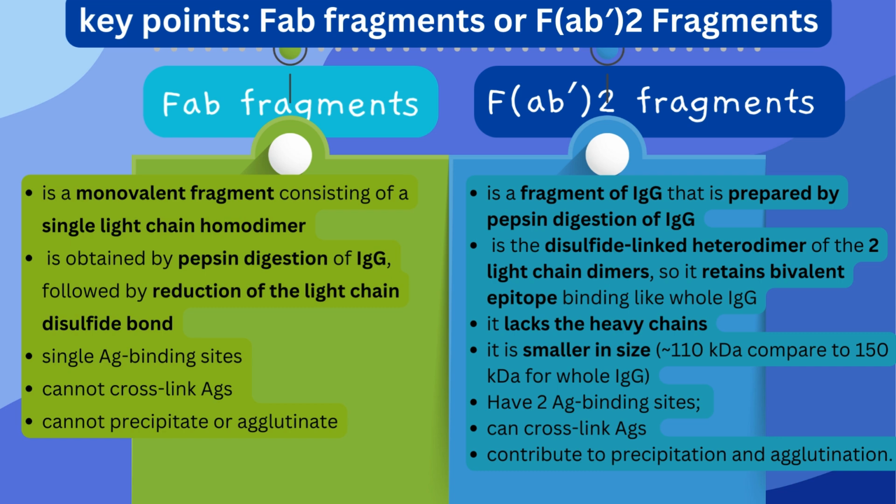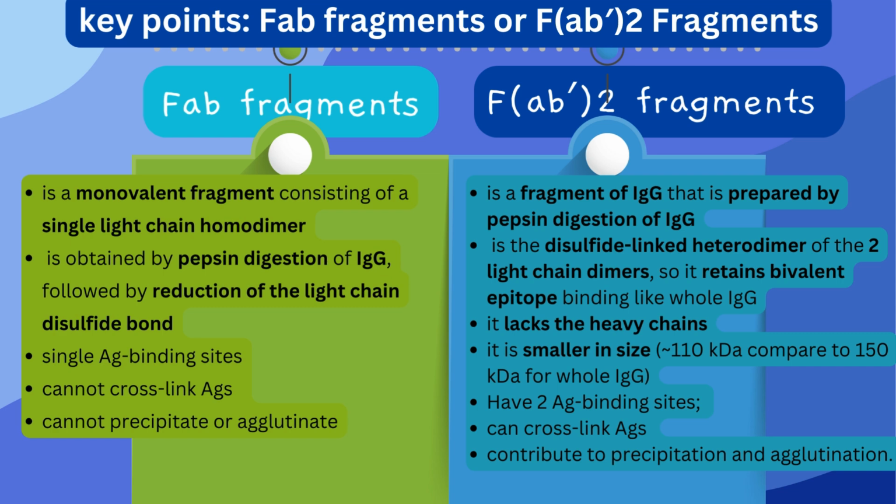And with respect to valency, Fab fragments are monovalent, meaning they can bind to only one antigen epitope. Well, the Fab2 fragment is divalent. It can bind to two antigenic epitopes, increasing its potential for cross-linking antigens.